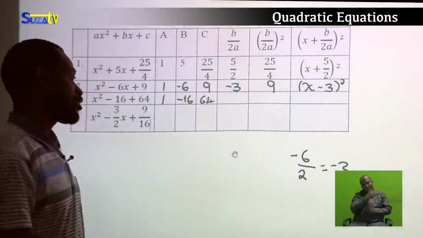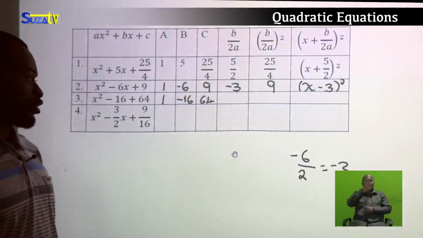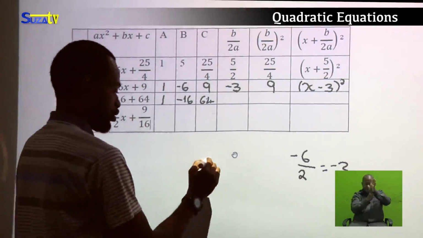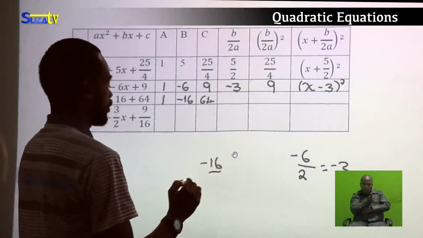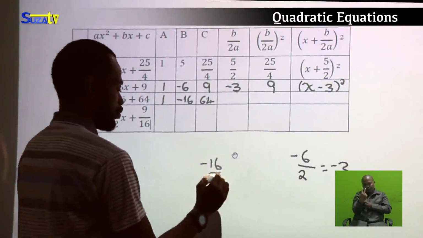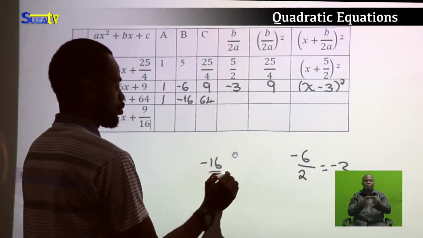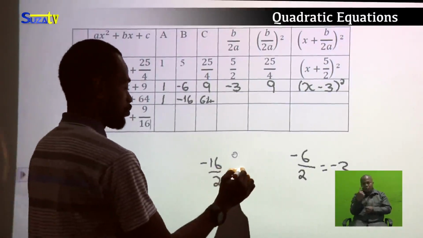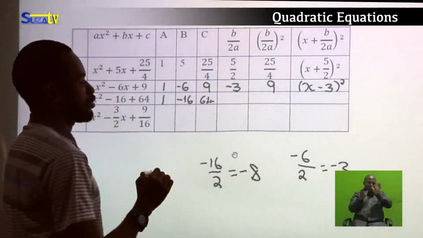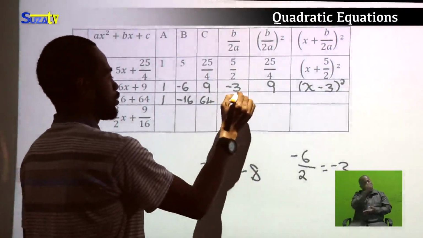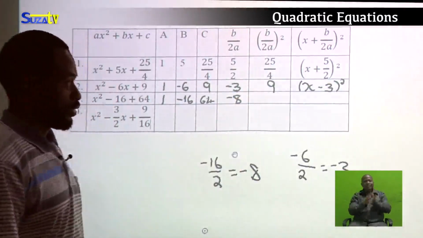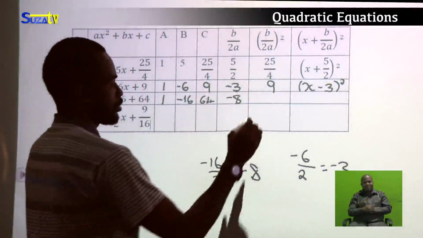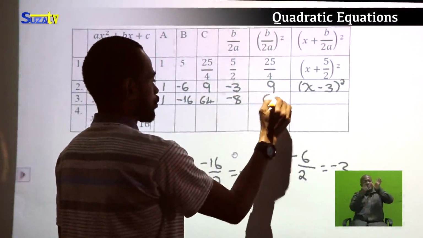So now it is b over 2a. b is negative 16, so negative 16 over 2, because a is 1, so 2 times 1 is 2. This is equal to negative 8. And here is the square of the value here, which is 64.